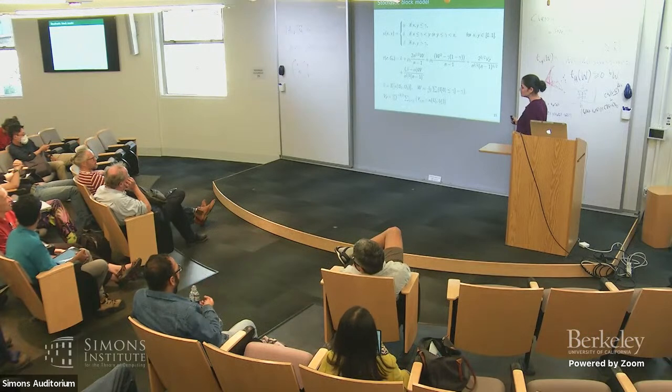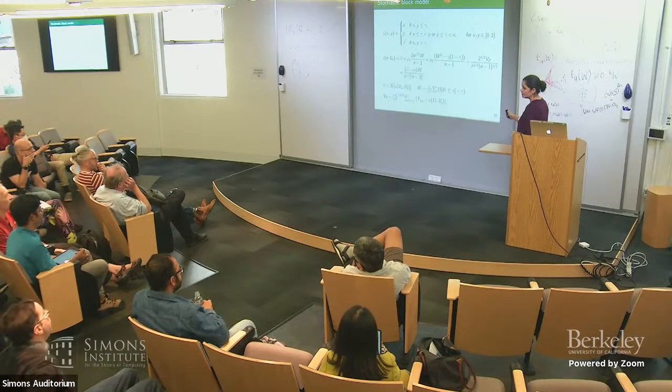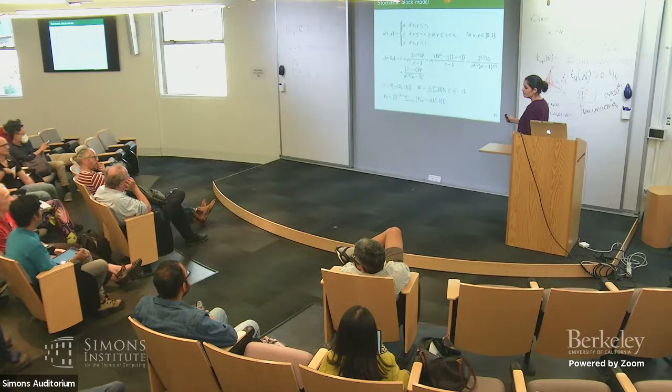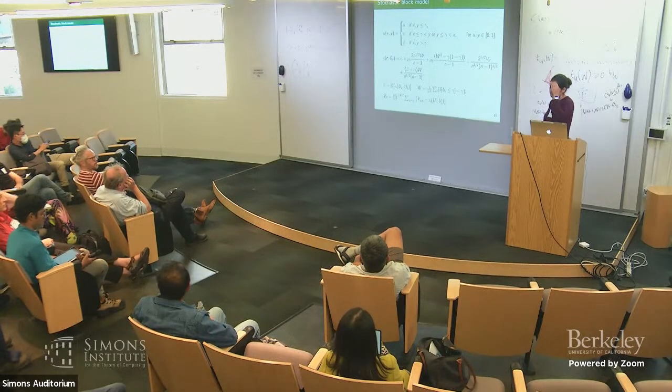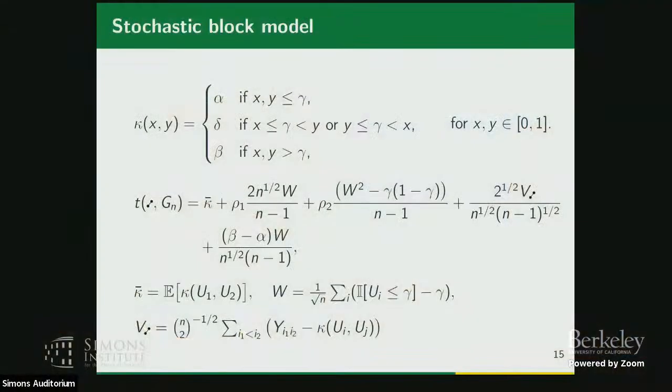So whether rho 2 is 0 or not, you always have a 1 over n term, but there's no chi-square component if rho 2 is 0. And this last term, n to the 3/2, is 0 for a constant graphon kappa, because you have beta equal to alpha here.